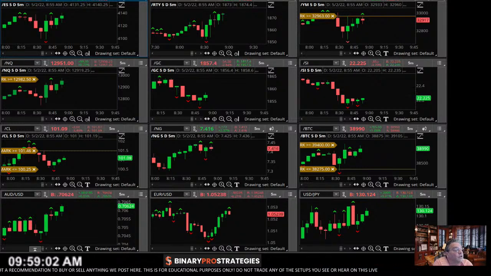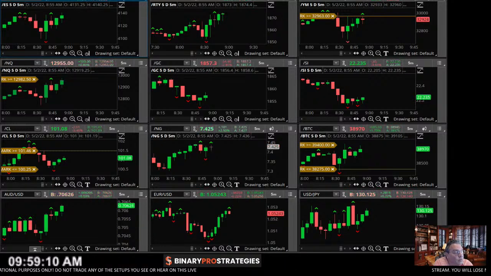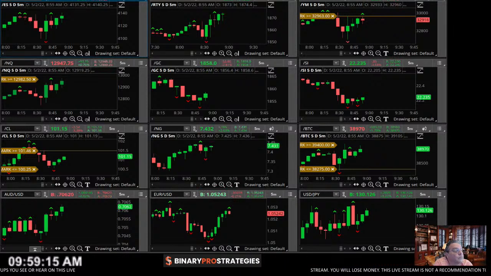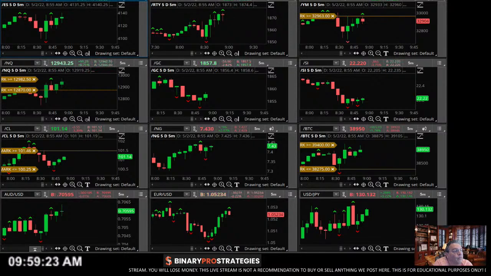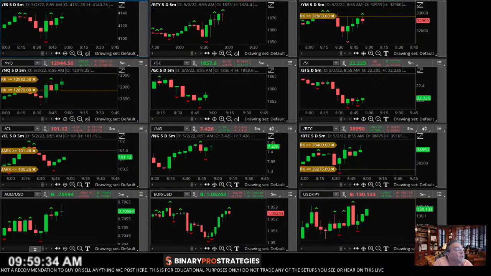And if NQ doesn't hit target first, it's going to reverse at 128.70. On YM, if it doesn't hit target at 329.63, reversal is going to be 328.13.